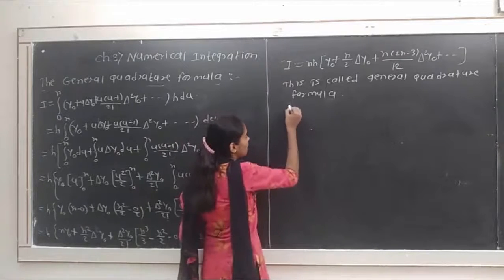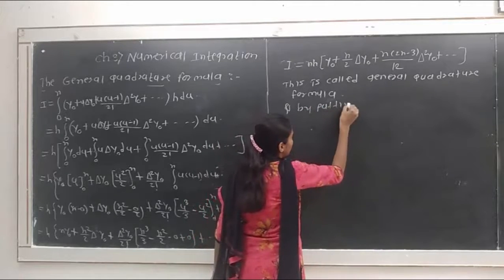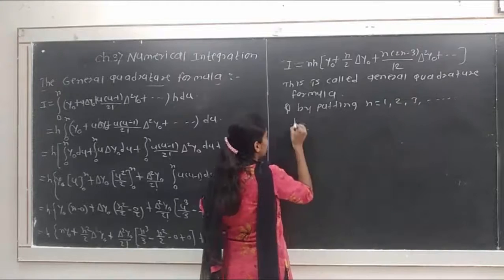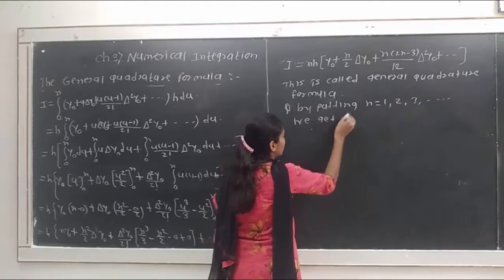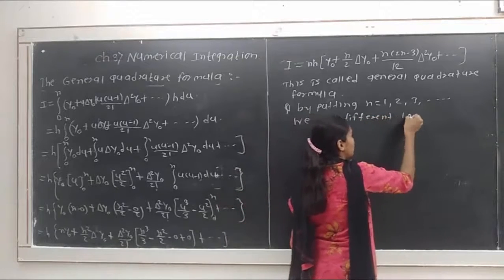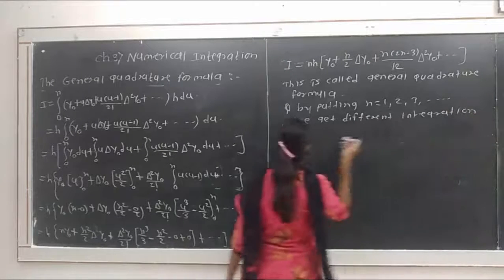By putting n is equal to 1, 2, 3 up to that, we get different integration formulas.